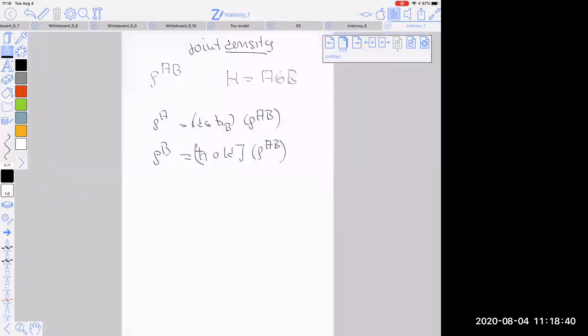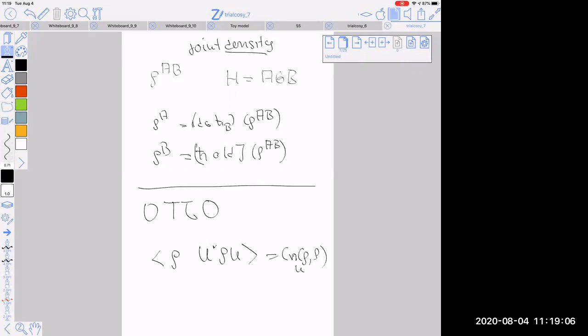I want to mention that this is related to out of order correlation. So the other thing you sometimes measure is you have a certain density, you apply a unitary, and you measure this term. Or you could, so this is a correlation with respect to u.